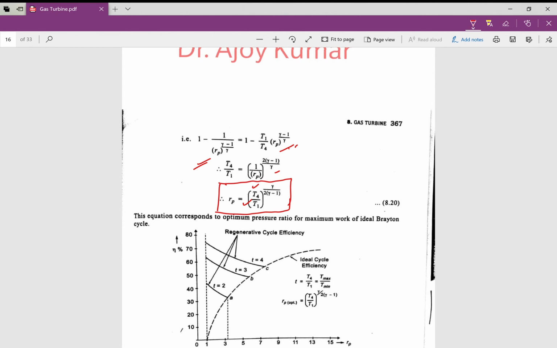T1, the initial atmospheric temperature available for air, is known to us, and maximum temperature we can calculate if the pressure ratio is already given to us. Gamma value is known to us for a working fluid; as you know, for air it is 1.4.